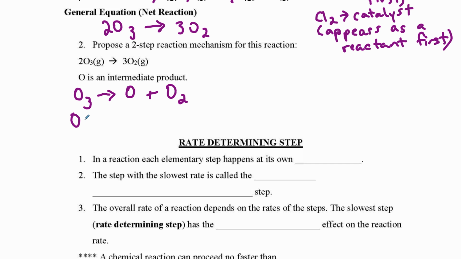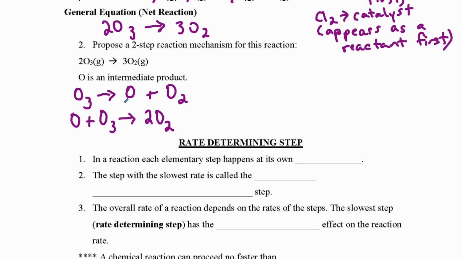Okay, so if I have it as a reactant, the only other possibility is O3. I know I need a total of 2 of them. So here's my second one. Okay, and this on the reactant side gives me a total of 4 oxygen atoms. So it would make sense then to make 4 on this side. And that will also add up to 1, 2, 3 oxygen molecules total.